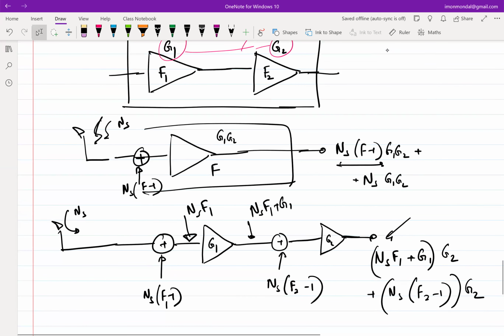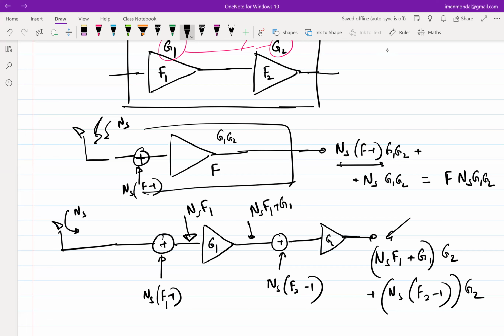So in the first case, what is the total output? By definition of noise factor, it will be F times NS times G1, G2. So that's the noise factor definition anyhow. We are in noise factor mode, so it's linear.